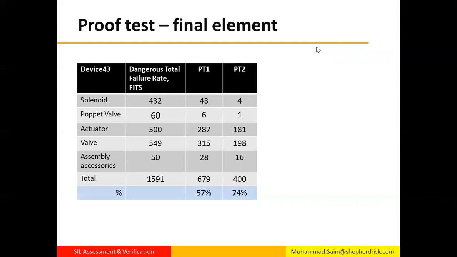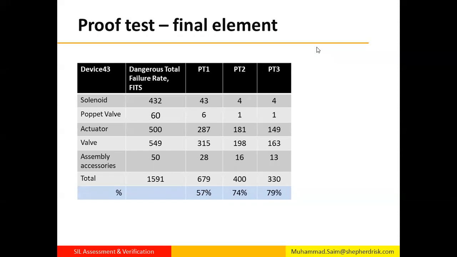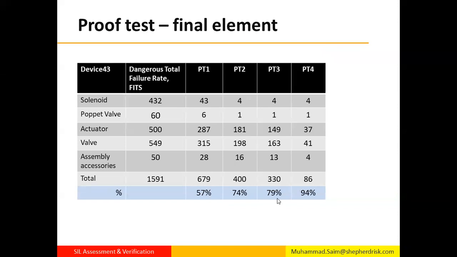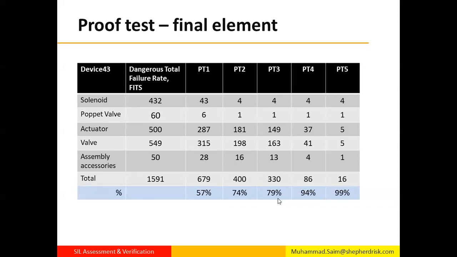PT2 detects 400, and so the combination of PT1 and PT2 detects 1079 out of 1591, which is 74% of total FITs. Similarly, the combination of PT1, 2, 3 detects 79%, and the combination of PT1, 2, 3, and 4 detects 94%.